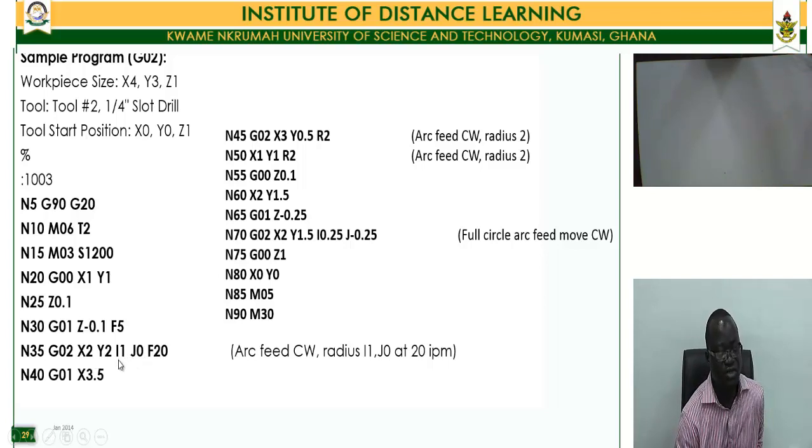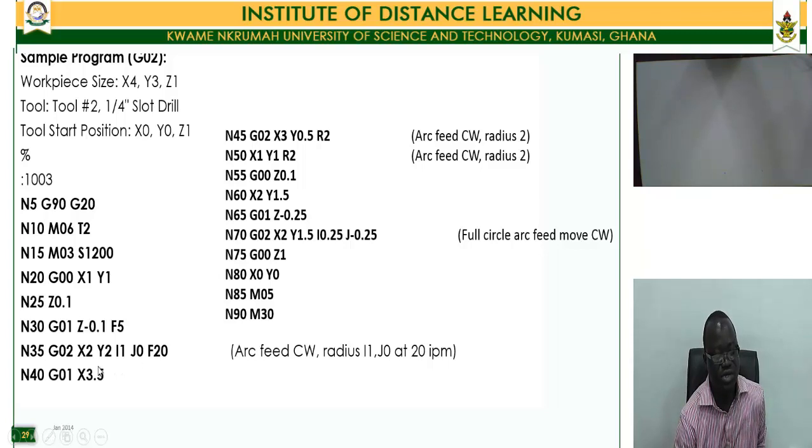So the start point will be at X1, Y1, because that is the final position from the previous move, and all these are Z values. So X1, Y1, and then the end position will be X2, Y2.